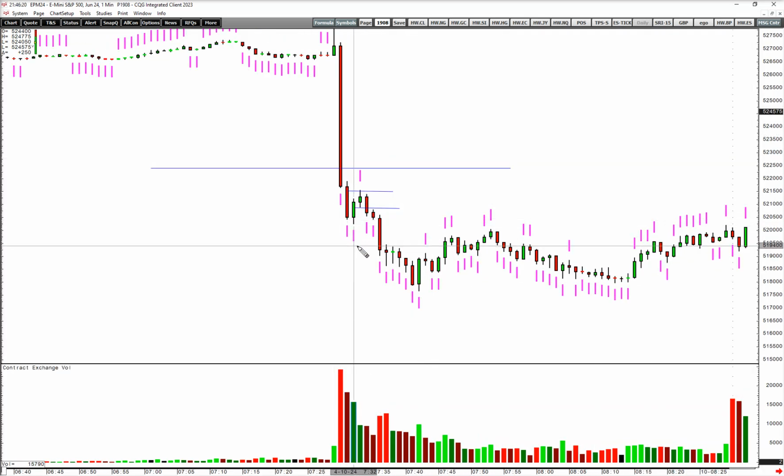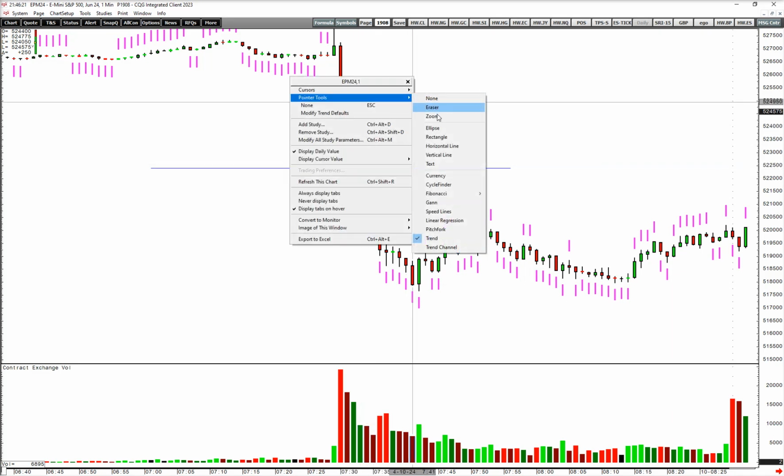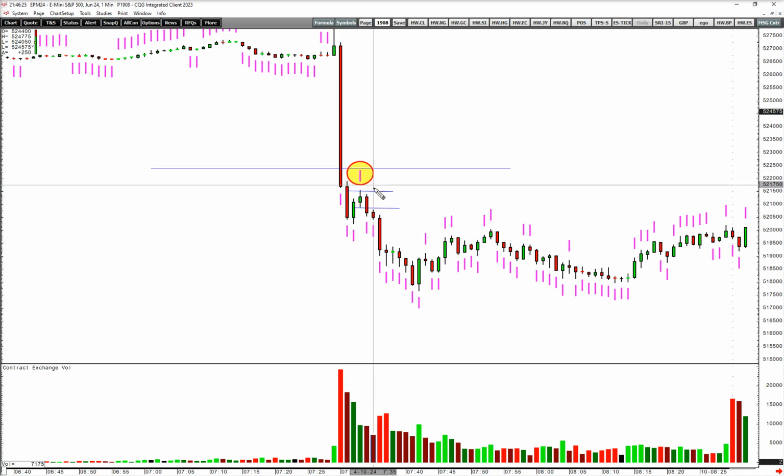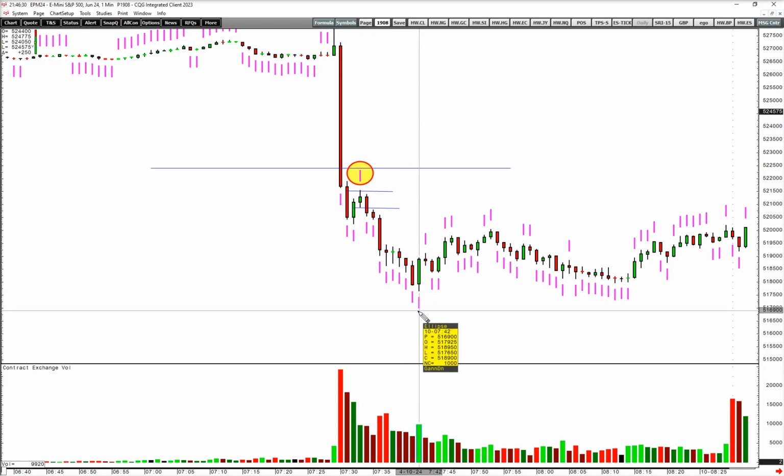Down, down, down, up. Single up bar here, which means you sell below, stop above. Down, down, down, down, down, down, down, down, down, until here again. And this is kind of where the bottom came in.